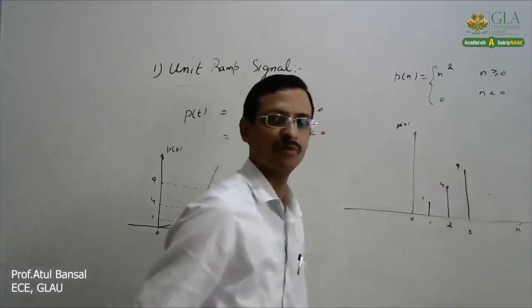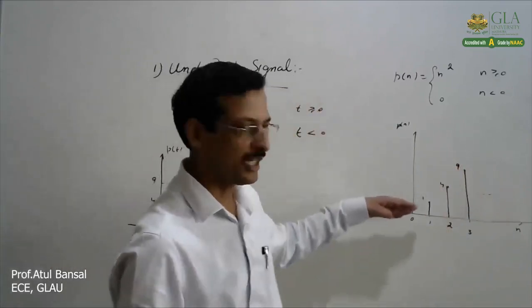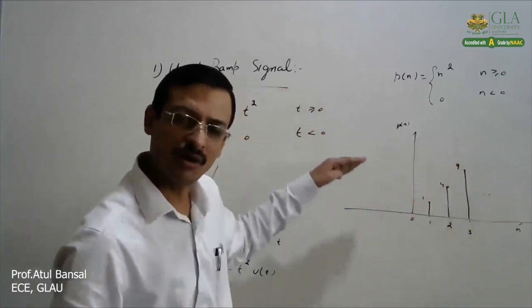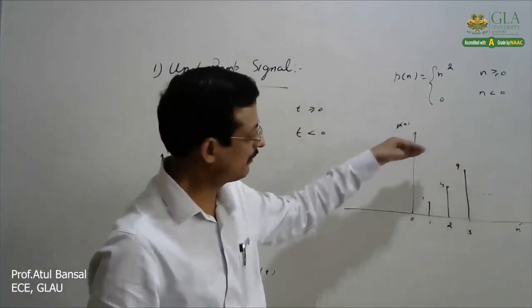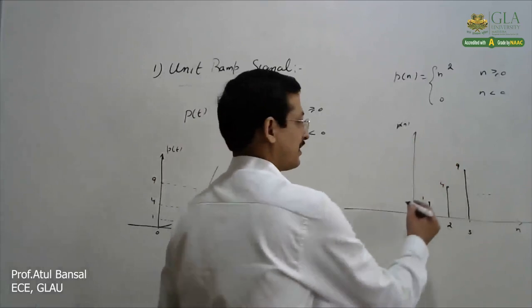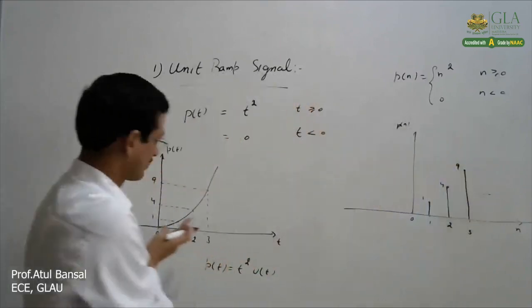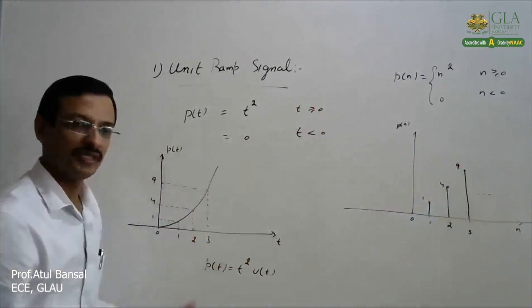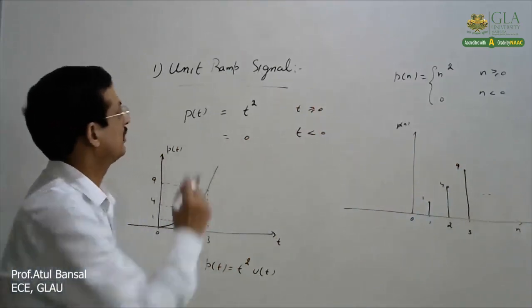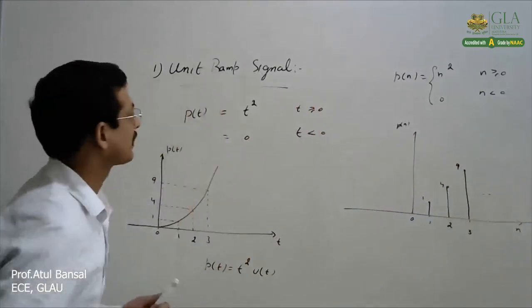And again, if you see the envelope, envelope meaning the outer surface cover of the signal, that is again the shape of a parabola, right? If you look at it like this, it is the unit parabolic signal.